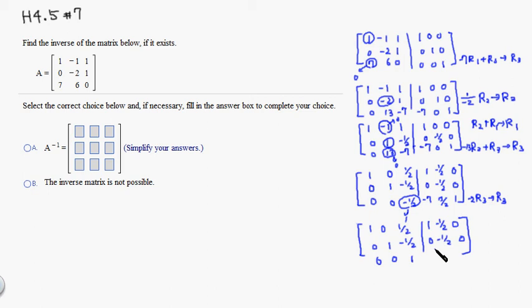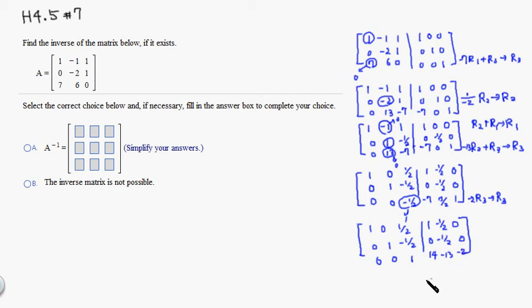Negative 7 times negative 2 is positive 14. The 13 over 2 times negative 2 is negative 26. Actually, negative, sorry about that, it's negative 13. 1 times negative 2 is negative 2.